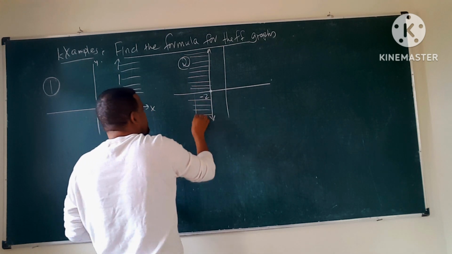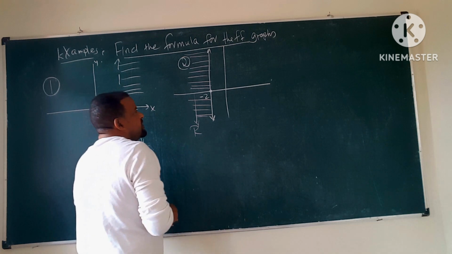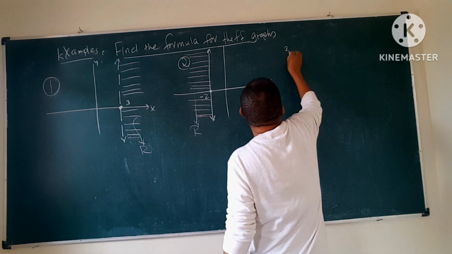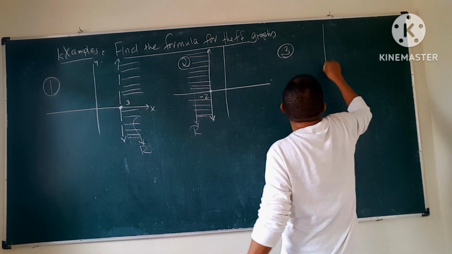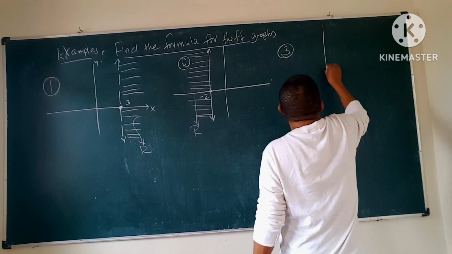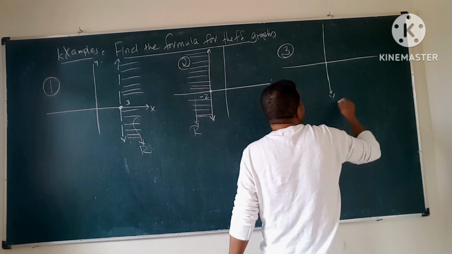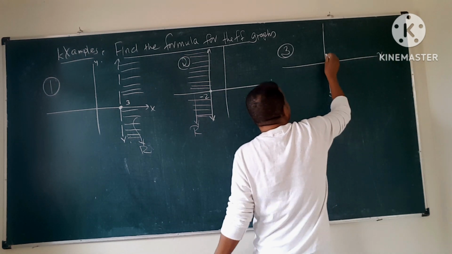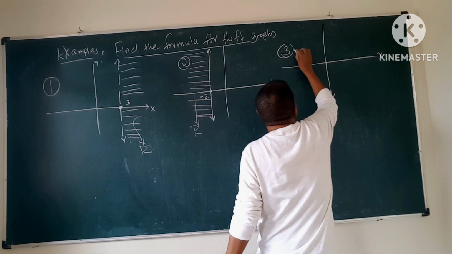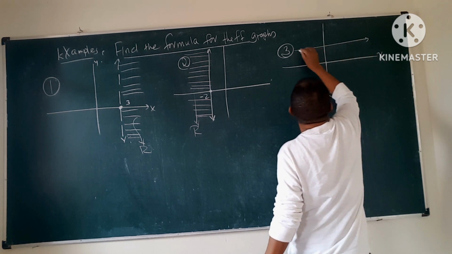Here it is. Suppose this is our r, then find the formula. The third example, of course, this is the y-axis, this is the x-axis. Suppose the graph is like this.